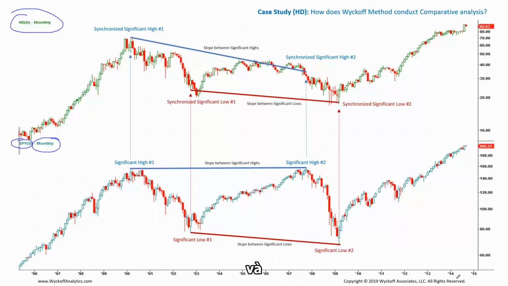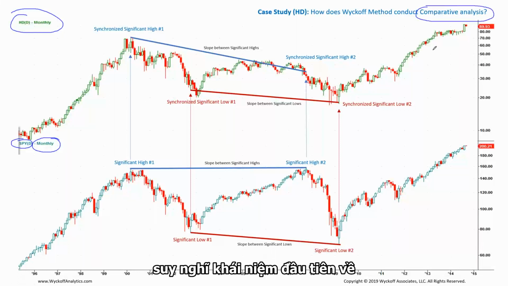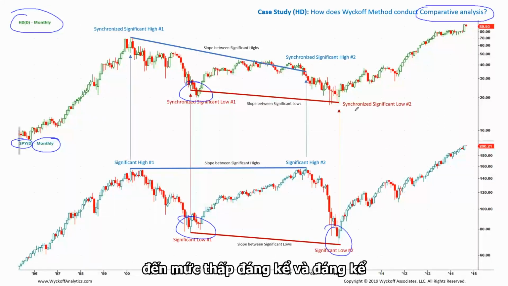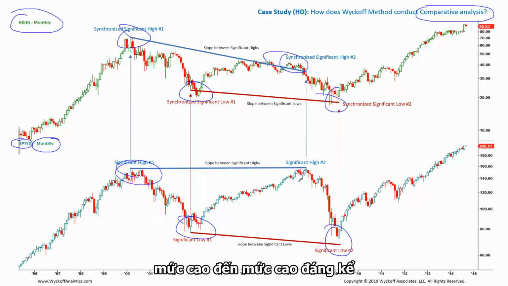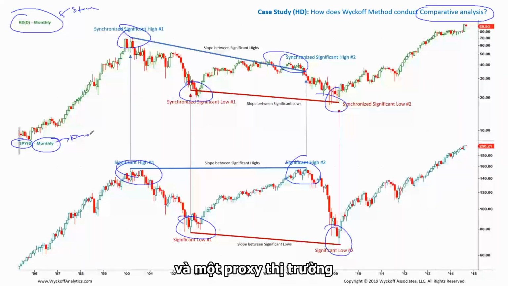The first concept about comparative analysis is a Wyckoff concept, where he stated that he wants to compare significant lows to significant lows and significant highs to significant highs, comparing two instruments like a stock and a market proxy.